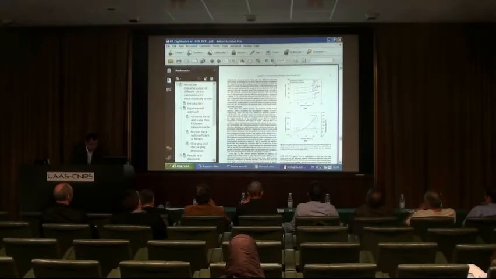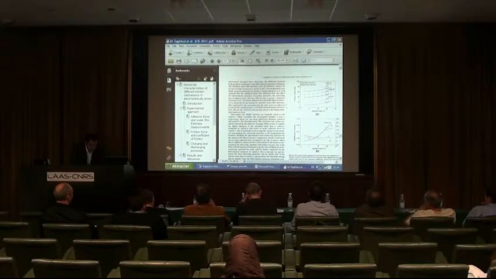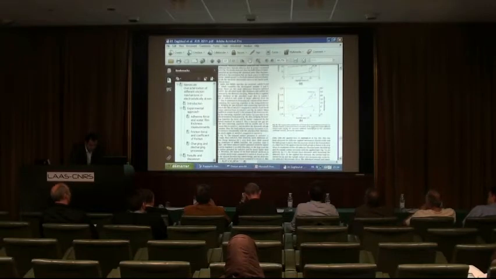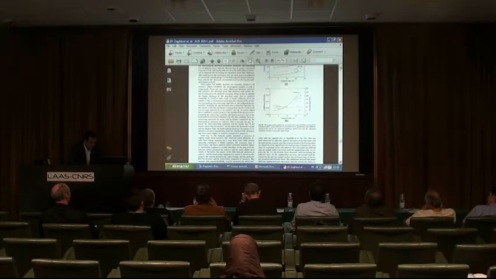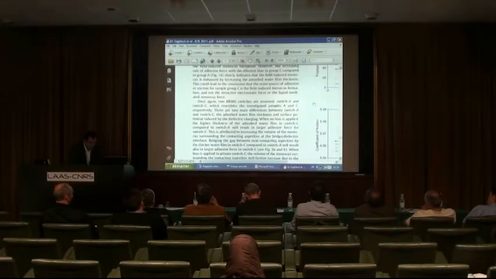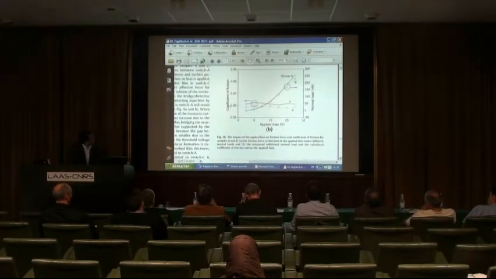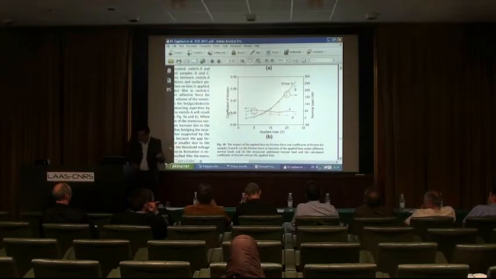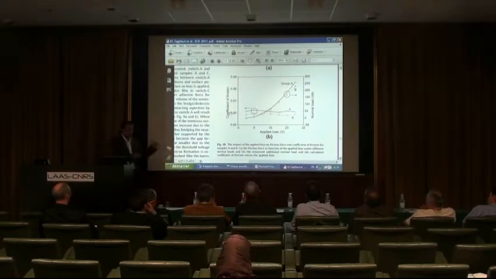This is actually the friction studies which we have not shown. Here, we apply a contact between the tip and the surface, and then we measure the friction force and then the friction coefficient.